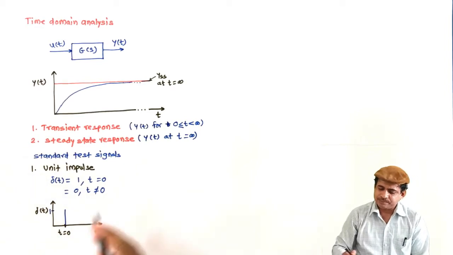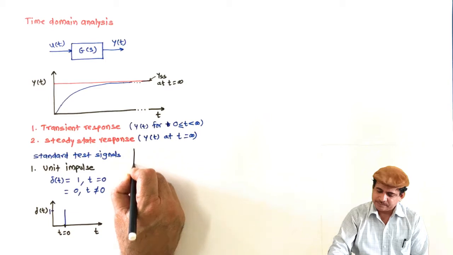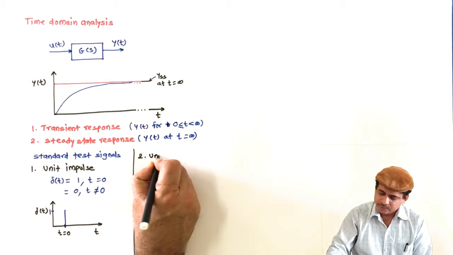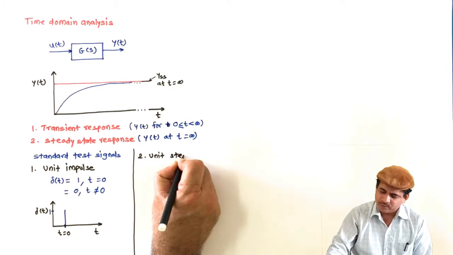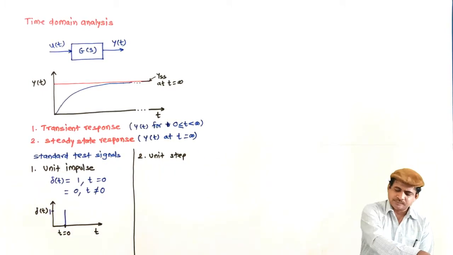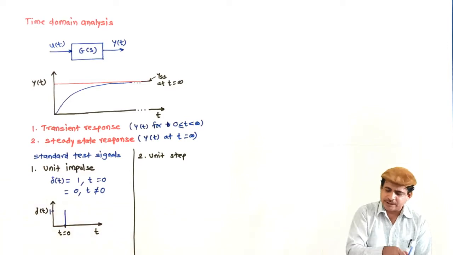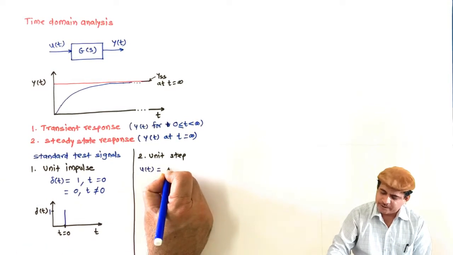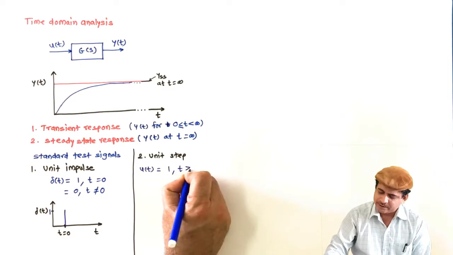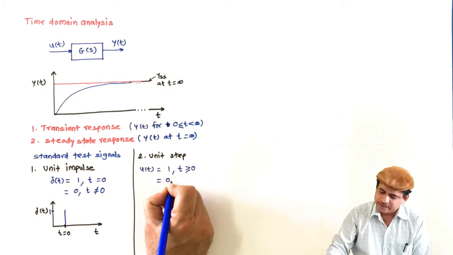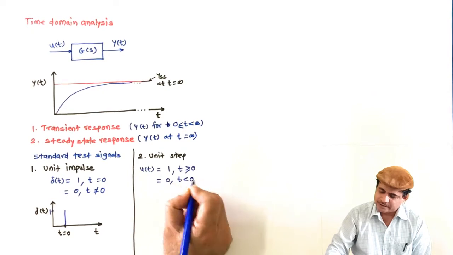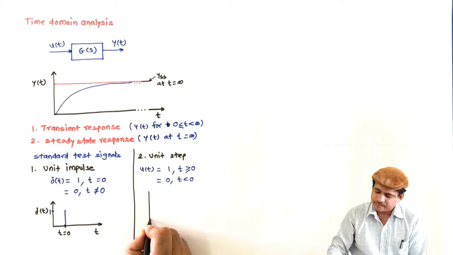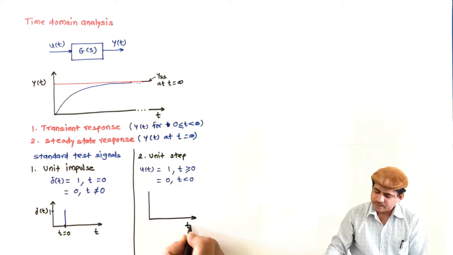Then next signal is unit step. Unit implies its amplitude is 1. So this unit step signal is defined by u(t) equal to 1 for time t greater than or equal to 0. It is equal to 0 for t less than 0. So if I want to sketch it, let this be t.